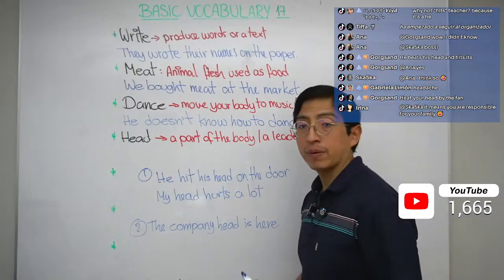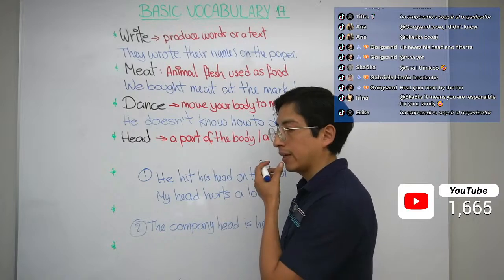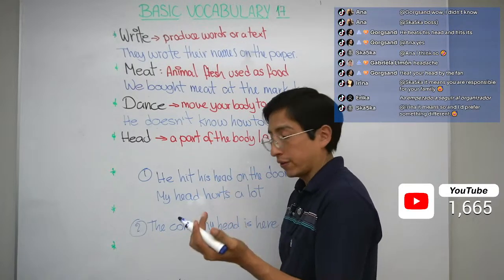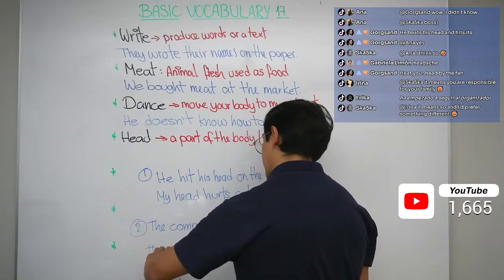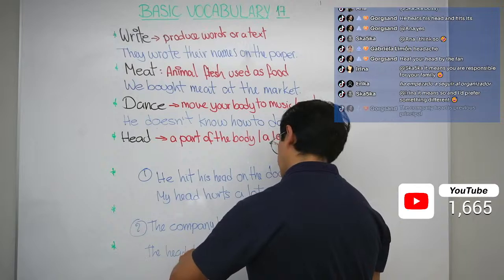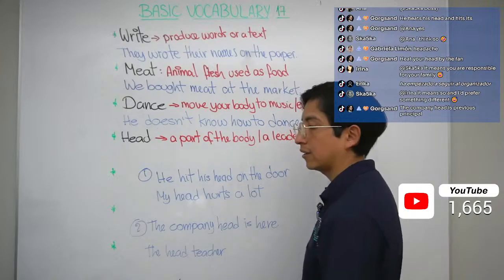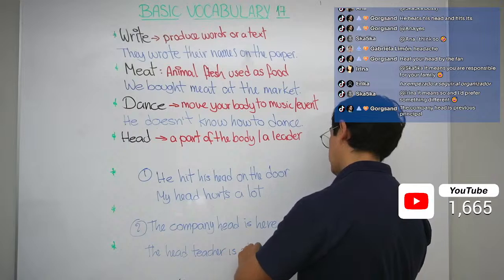Yes, we're talking about a person, or maybe we can say like the head teacher. Okay, the head office. Yep, the head manager, the head teacher. Okay, the head teacher is at the school.